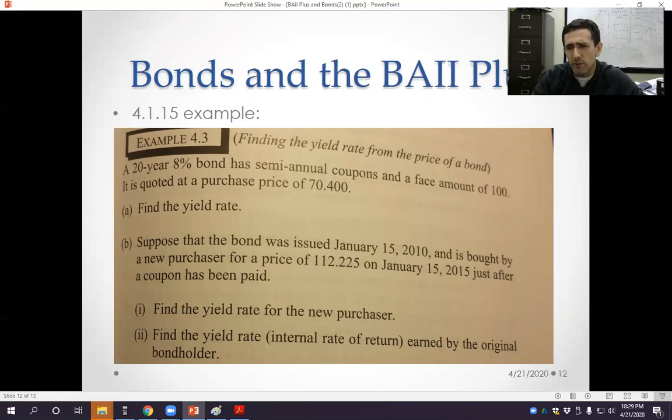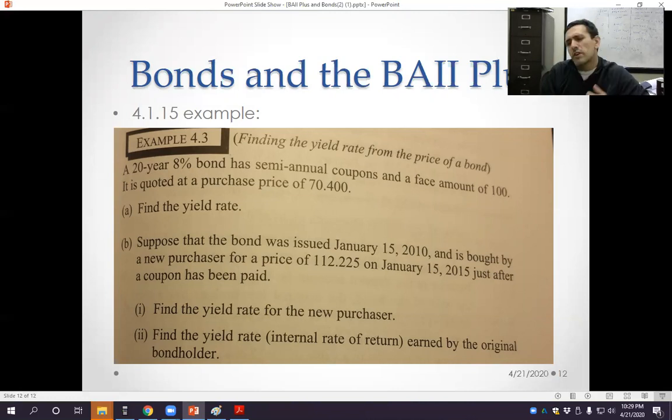Find the yield rate for the new purchaser. Remember what yield rate means in this context. It means that all the cash in, cash out behaves like they are in an account earning this interest rate. That's what yield rate means.